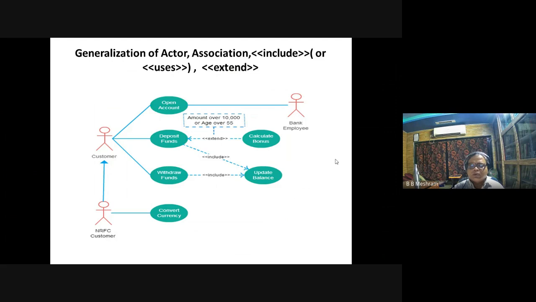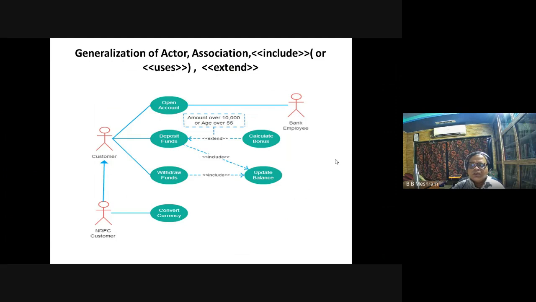So include use case is always executed, while extend use case is not always executed by the base use case. If you meet the particular condition, then only extend use case can be executed.